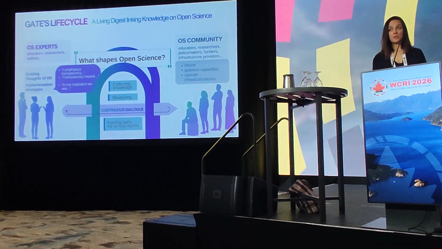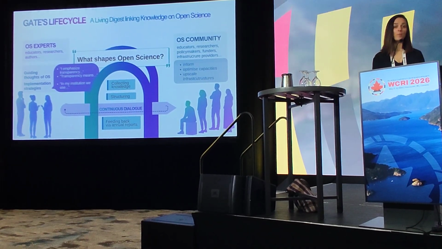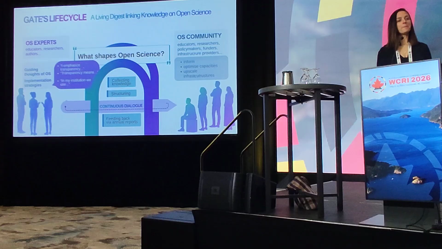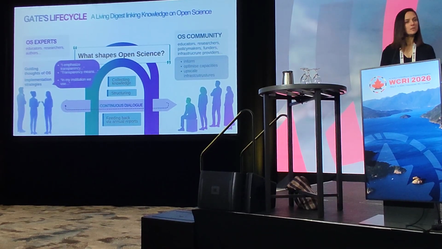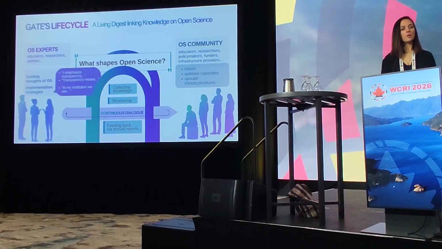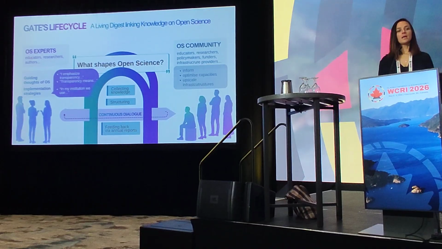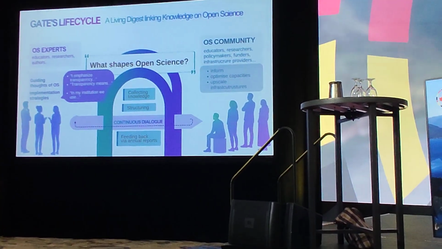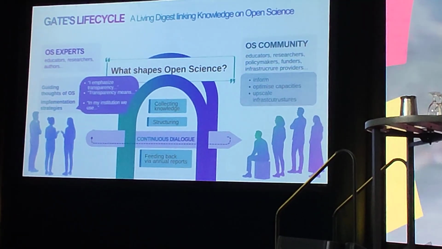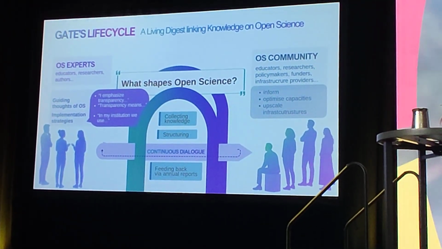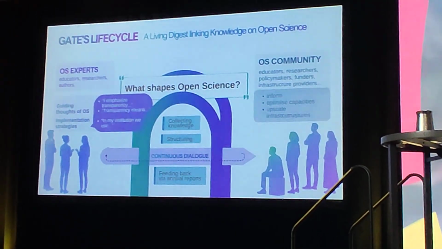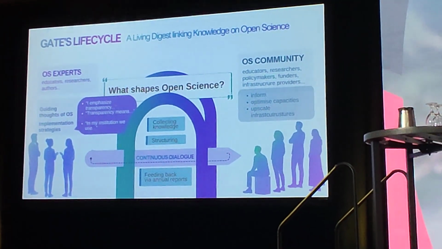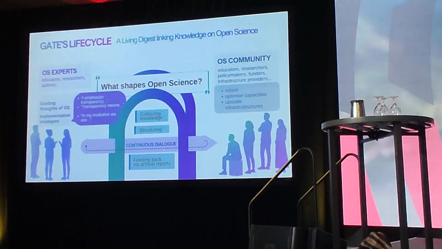To answer this question, we have developed the Open Science Learning Gate, the so-called Gate, and we call it the living digest, linking knowledge on open science, because Gate is here to understand open science. The verb understand is very important for me to stress, because we have definitions of what open science is, based on responsible conduct of research.